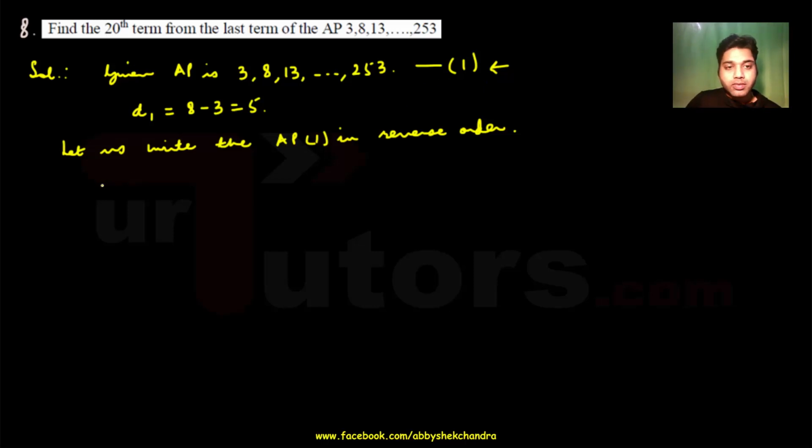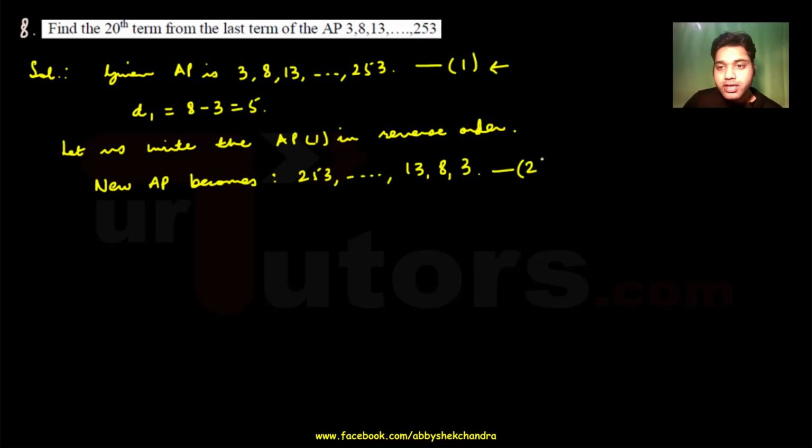So the new AP becomes 53, 48, and so on, down to 13, 8, 3. Clear? Now for this new AP, let's call it AP2, what will be the common difference?